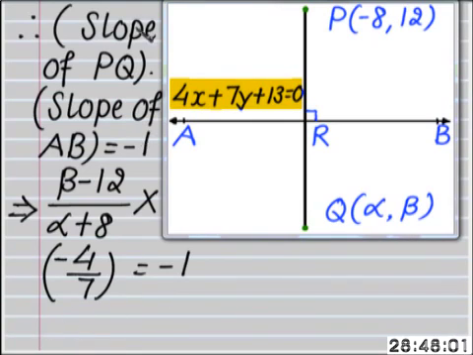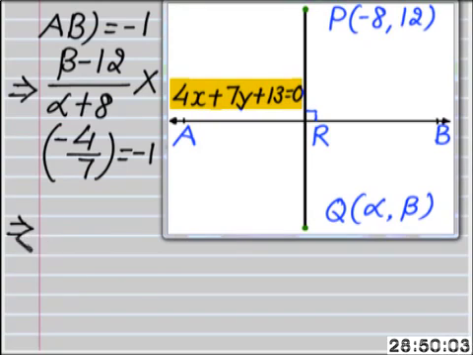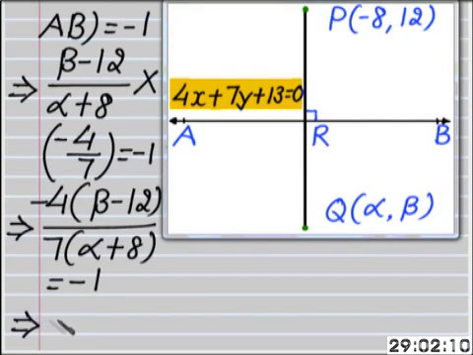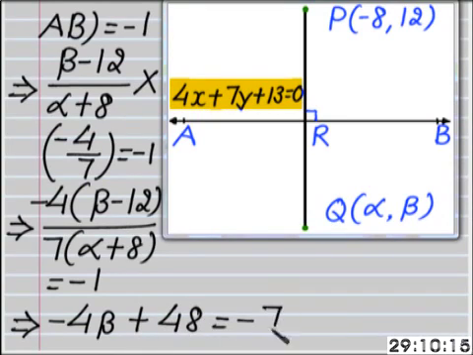This implies -4 into (beta minus 12) upon 7 into (alpha plus 8) is equal to -1. This implies -4 beta plus 48 is equal to -7 alpha minus 56.